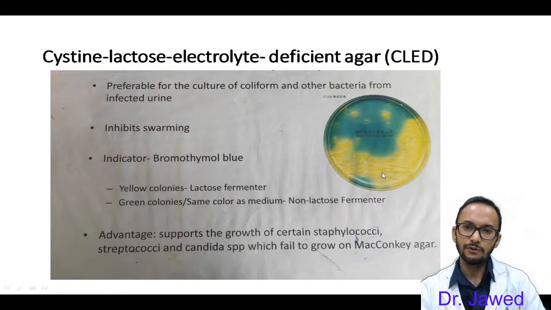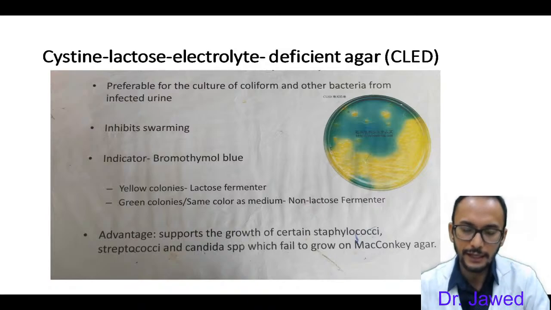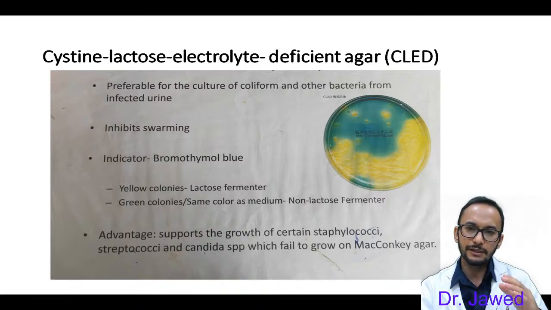Why do we use CLED agar? It is a differential and mildly selective media. It will grow all the pathogens causing UTI, and it will also inhibit the swarming of Proteus. So this media is basically used in urine for culturing urinary pathogenic organisms.